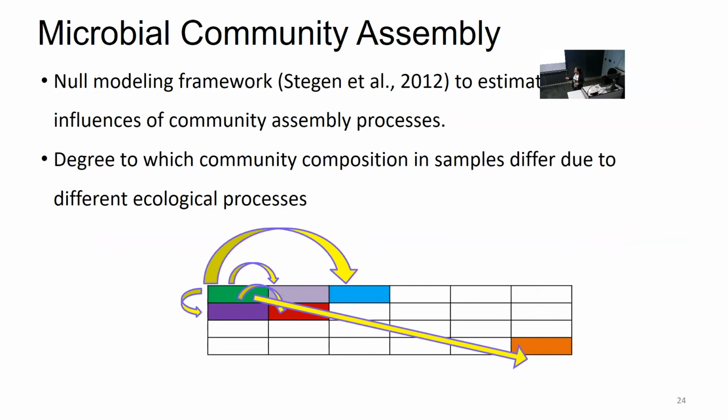What community assembly asks is, how similar or different are your communities in the green box as compared to the purple, as compared to the blue, as compared to the lilac, or as compared to even this one down here. And if they are similar, why? If they are different, why? That's what, in broad terms, microbial community assembly means.